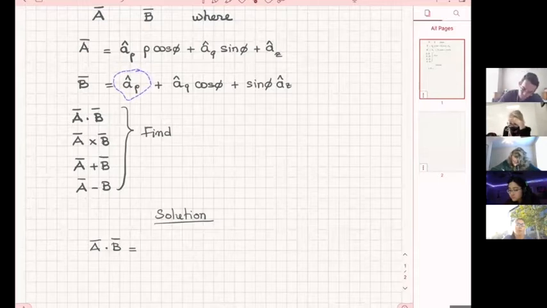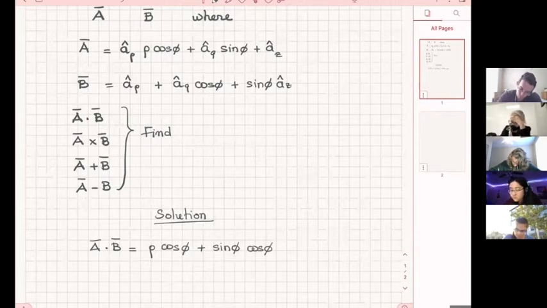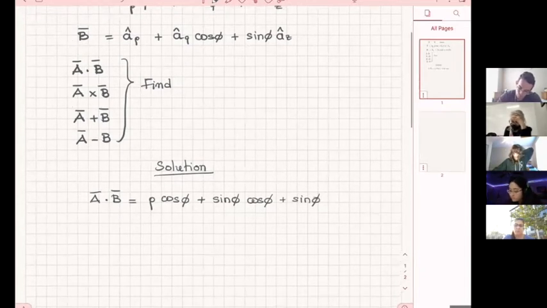So practically it's going to be rho cosine phi, plus the phi component of one with the phi component of the other. It's going to be sine phi cosine phi. And then the z component of one with the z of the other, plus sine phi. Okay, that's A dot B.